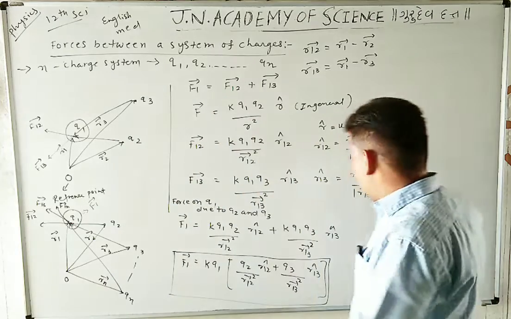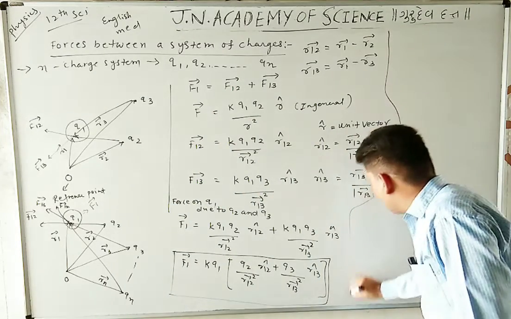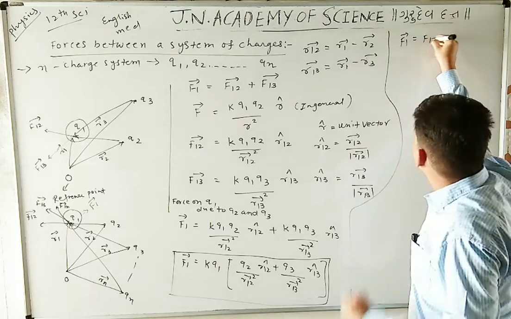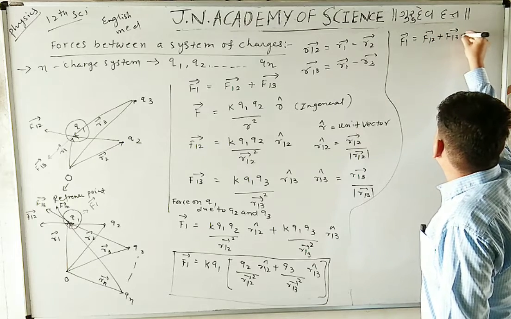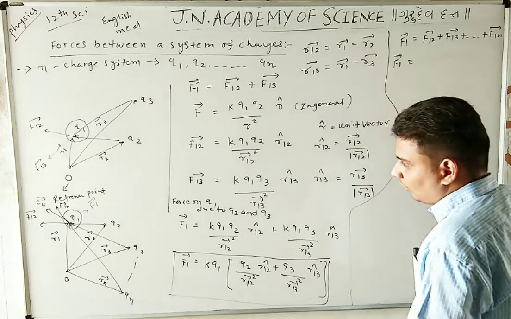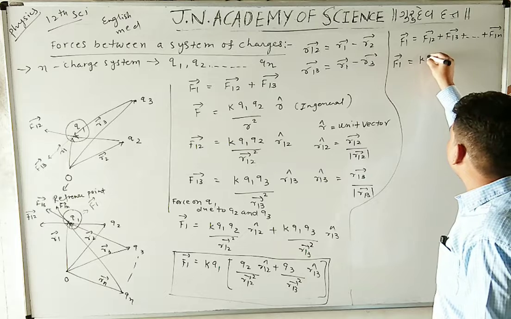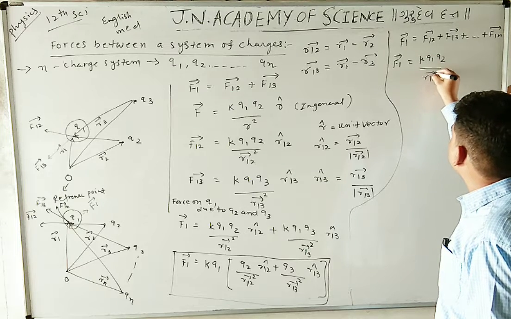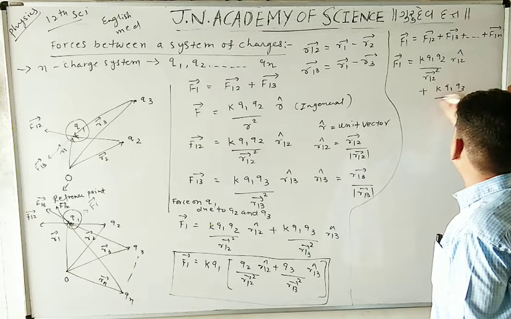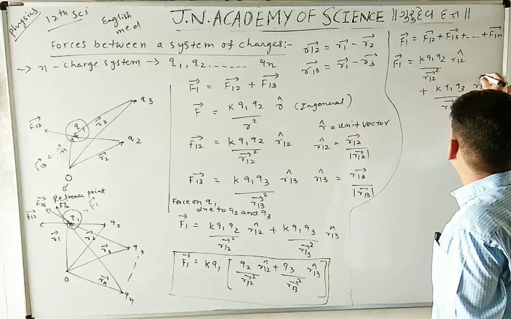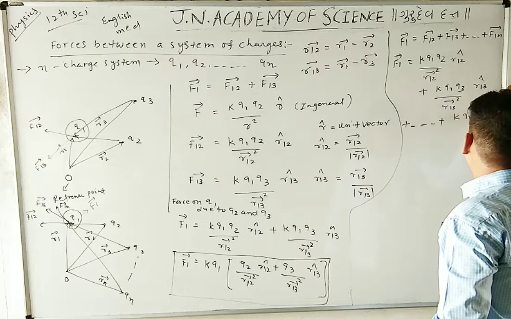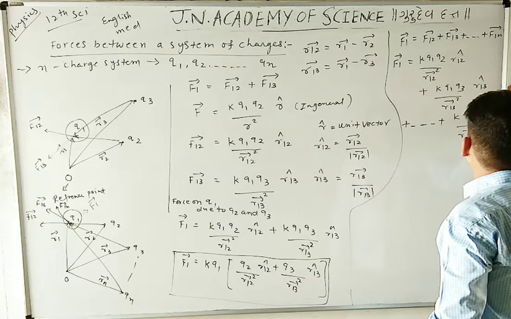So F1 will be F12 plus F13 and so on up to F1n. What is F12? K Q1 Q2 upon R12 square R12 cap. Then F13 is K Q1 Q3 upon R13 square R13 cap, and so on. F1n is K Q1 Qn upon R1n square R1n cap.